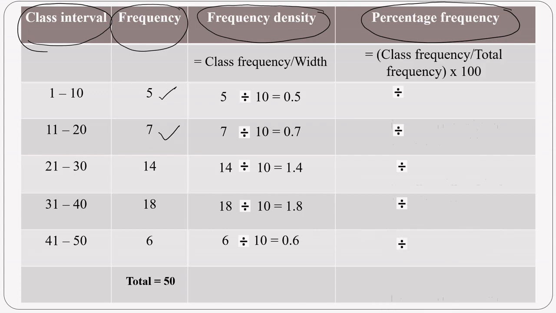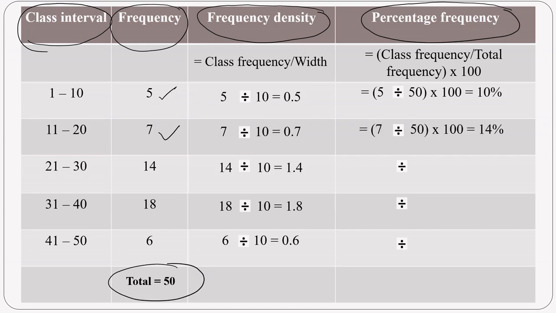How do we calculate percentage frequency? Class frequency divided by total frequency into 100. Now class frequency is 5, total frequency is 50. So 5 divided by 50 into 100 is 10. The second is 7. So 7 divided by 50 into 100 is 14.